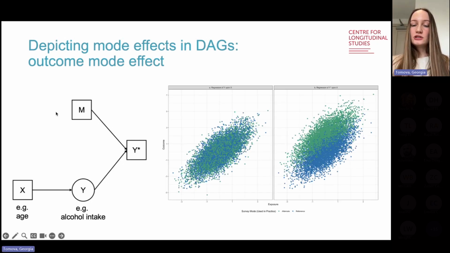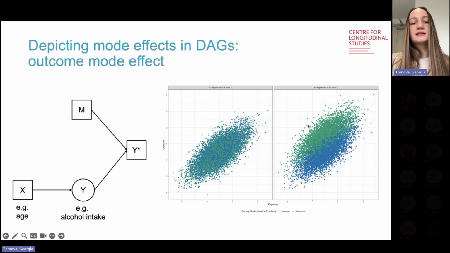And throughout, we're going to look at two types of plots where we look at the relationship between X and Y. And on the left, we have the relationship between X and Y, where Y is the true underlying value of Y. Of course, in practice, we would never have this. We would only have the measured version of Y or Y star, but we can use data simulations to demonstrate the general points.